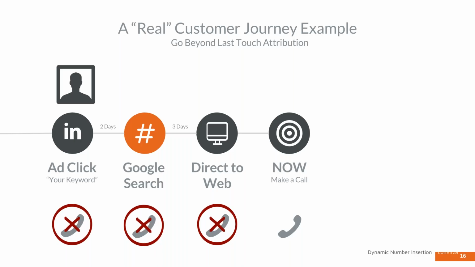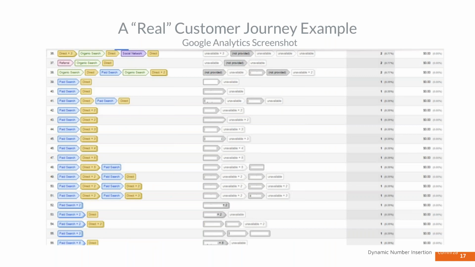And then here's another example of the same idea of the different journeys that we see. Here is what it looks like in real life, right? So what we do at Convirza is that we've captured this visitor level journey, and we do that by capturing the GCL ID, and then we can push that data back into Google Analytics and back into AdWords.